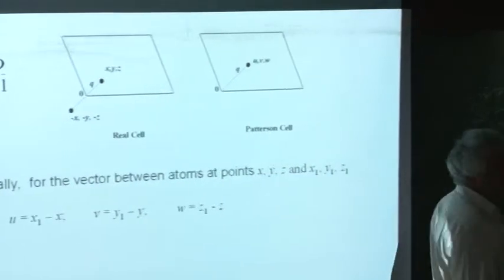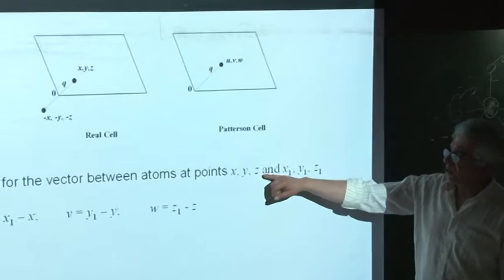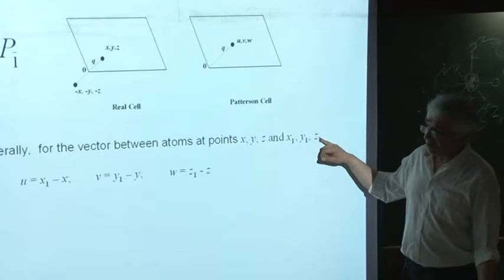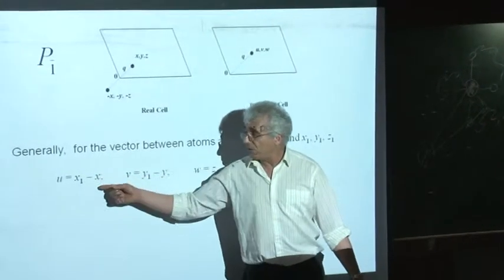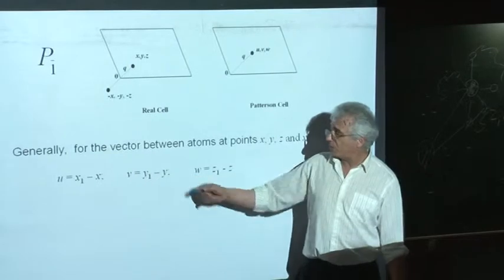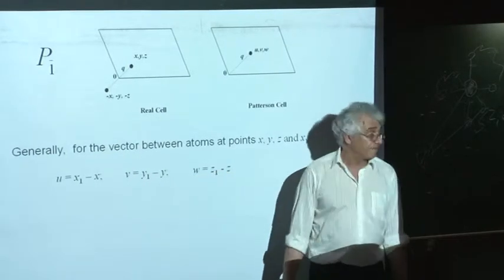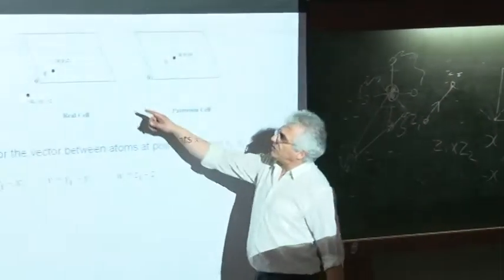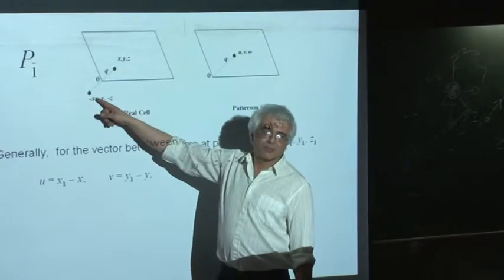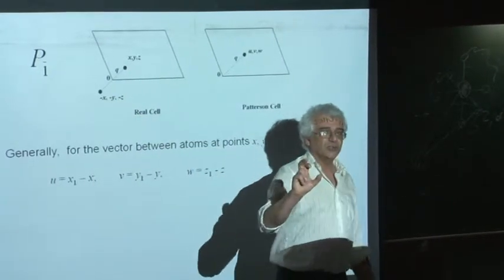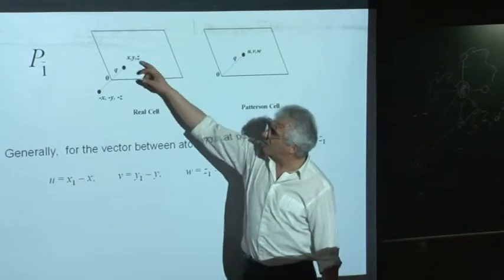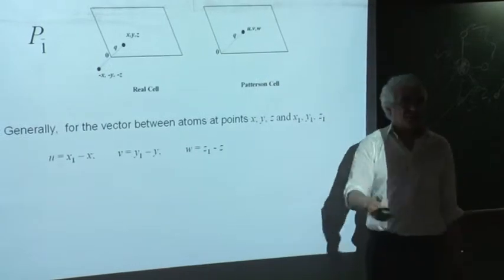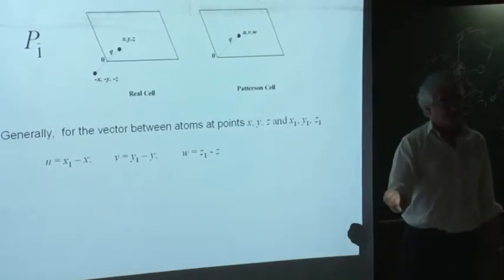So generally, for a vector between atoms at point XYZ and point X1, Y1, Z1, U is equal to X1 minus X, V is Y1 minus Y, W is Z1 minus Z. In this case, because this is X minus minus X, the distance is going to be 2X. And the same for Y, it's going to be 2Y, 2Z. So this distance here is 2X, 2Y, 2Z.